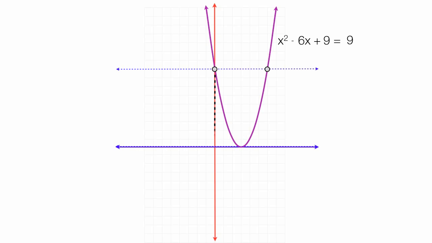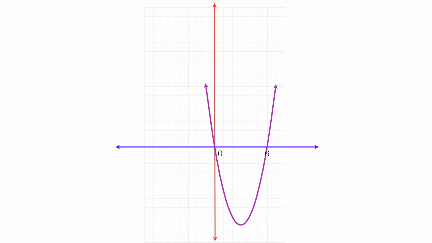So if I have x is 0 and x is 6, we put a 0 and 6. If I plug those into that equation, x squared minus 6x plus 9, it will equal 9. And if I plug those values into the original equation, which is x squared minus 6x, it would equal 0. Y would equal 0 in that case.